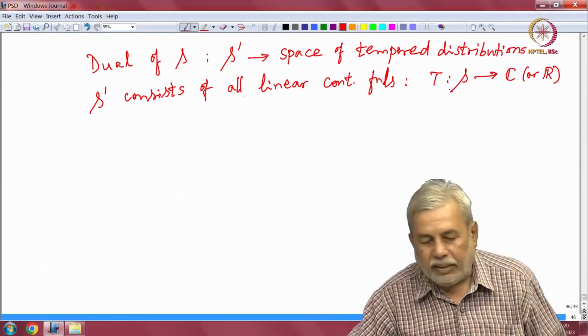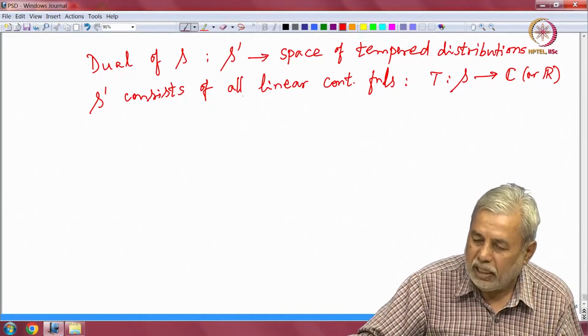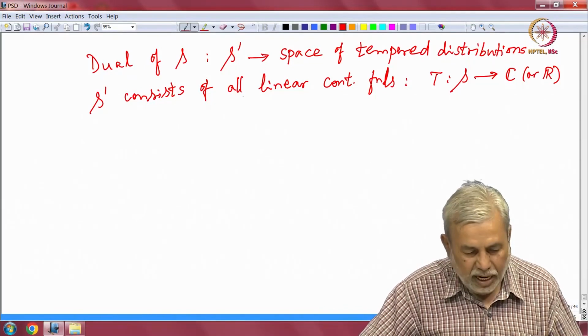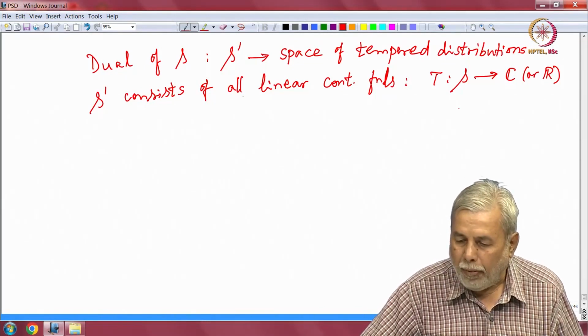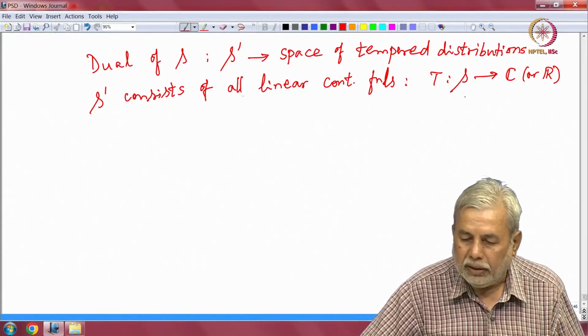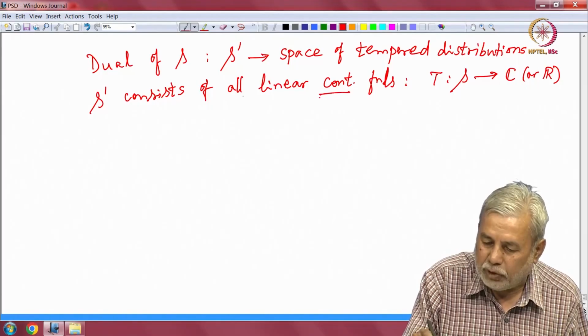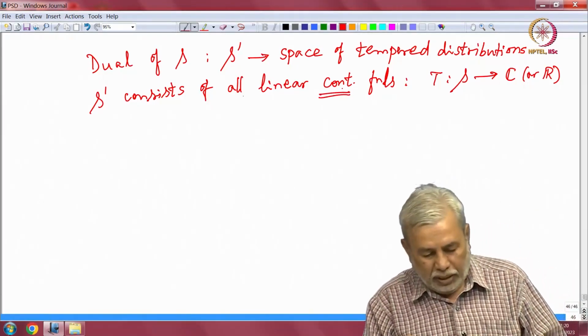If you consider S as a complex vector space, then you take onto C, otherwise onto R. That's our choice. Again, continuity is with respect to the metric topology.